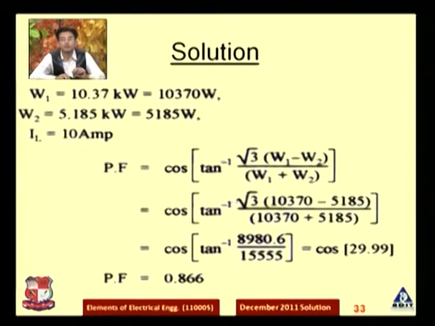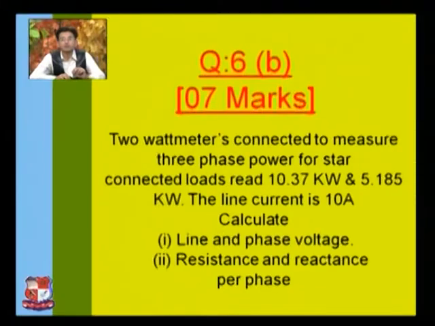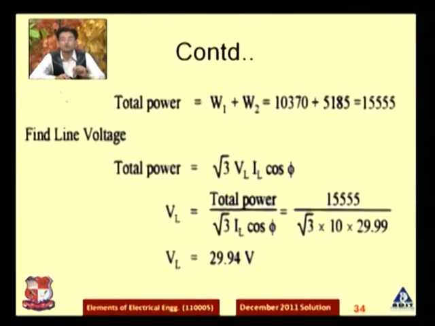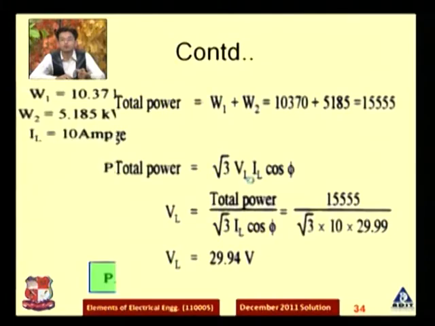To find out the power factor, you are given the line current, but you cannot find the line voltage directly, because you have to first find out the value of cos phi and the total power. Total power is equal to root 3 VL IL cos phi, right?